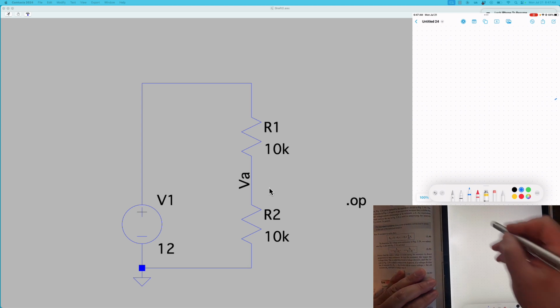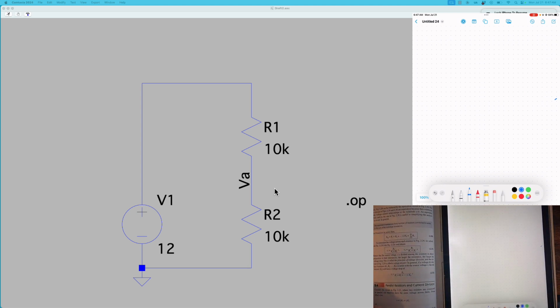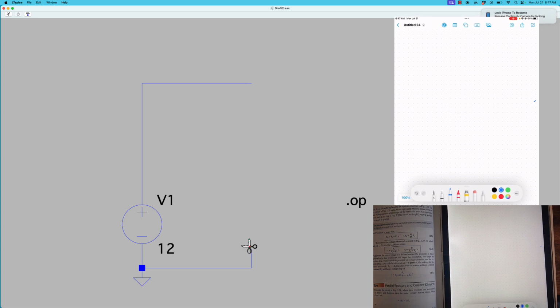So I'm going to see if I can delete this resistor, delete this resistor, delete this VA net, delete this branch, and then we're going to place a new resistor here, one here, and then one here in LTspice.